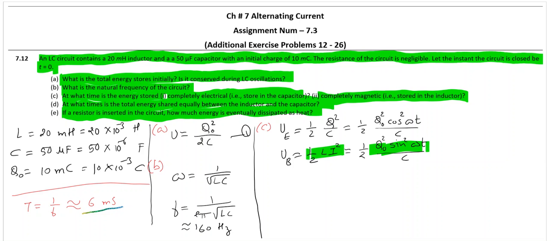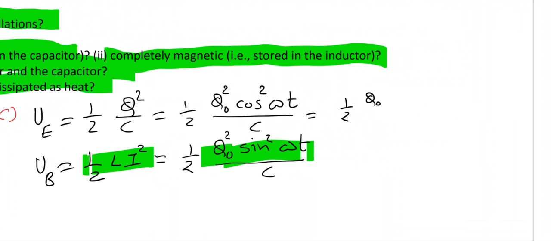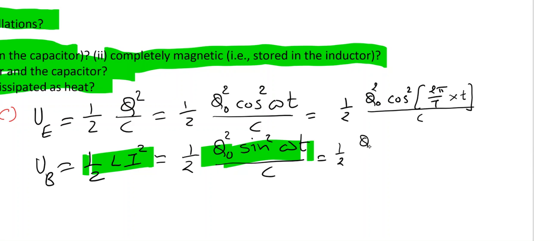Now, the essential point is that if you look at this formula, omega is 2 pi by T into t. So if I want the total energy to be stored in the capacitor only, I have to have cos theta to be 1.